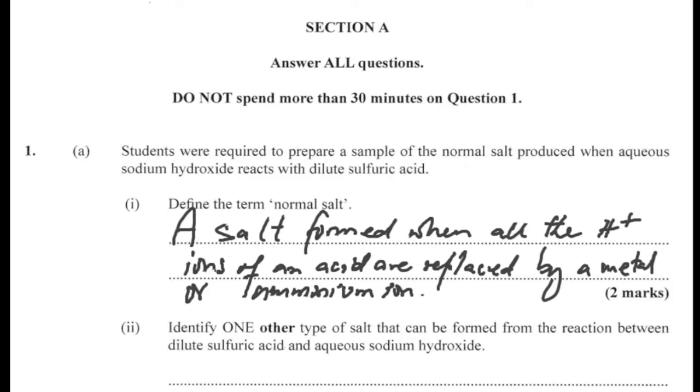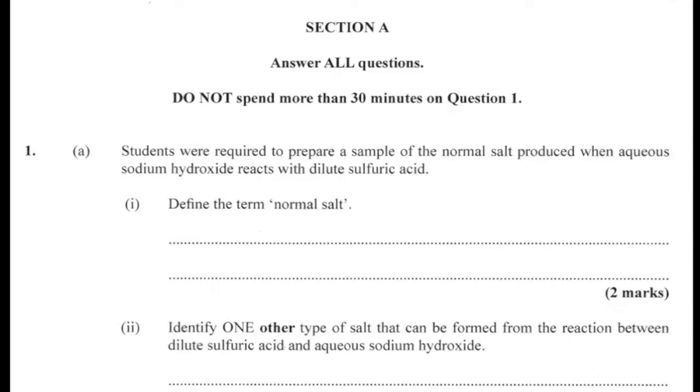And they're asking us in part 2 to identify one other type of salt that can be formed from the reaction between dilute sulfuric acid and sodium hydroxide. All right, so part A of number 1. Students were required to prepare a sample of the normal salt produced when aqueous sodium hydroxide reacts with dilute sulfuric acid.